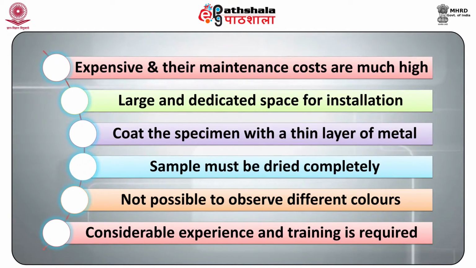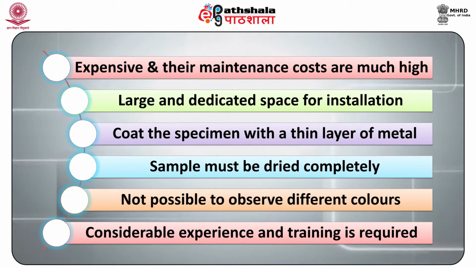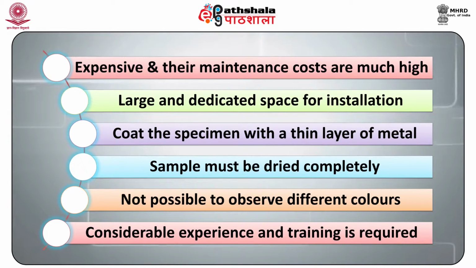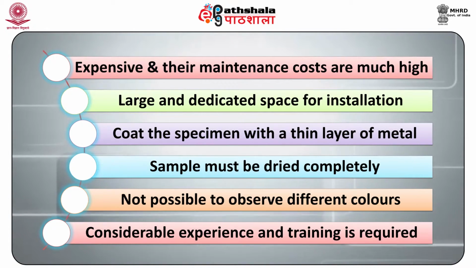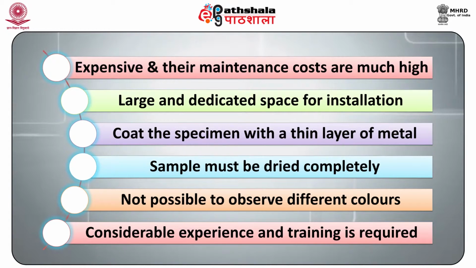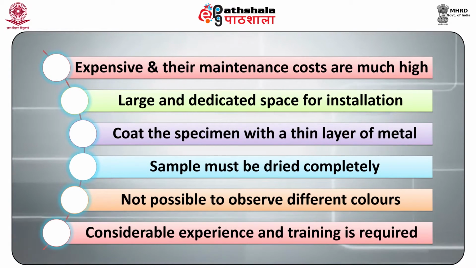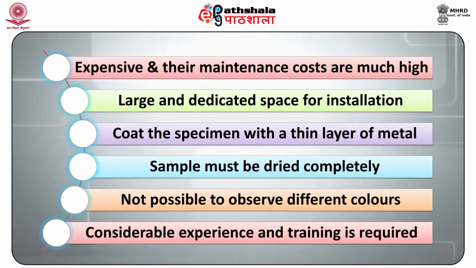However, electron microscopes have certain disadvantages: they are expensive and their maintenance costs are very high. Then the system requires a large and dedicated space for installation. Sample preparation is often much more elaborate, since it is often necessary to coat the specimen with a thin layer of metal such as gold to reflect the electrons. A significant disadvantage is that the sample must be dried completely and living specimens cannot be observed.